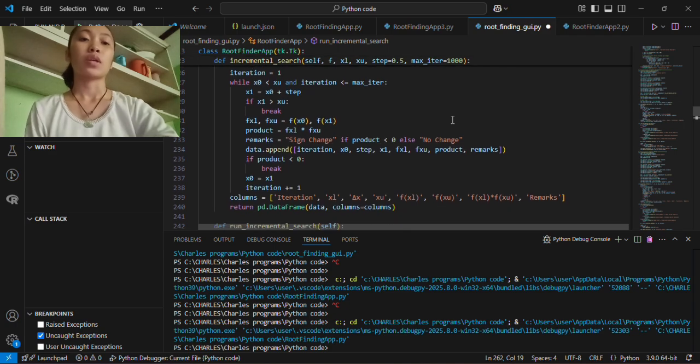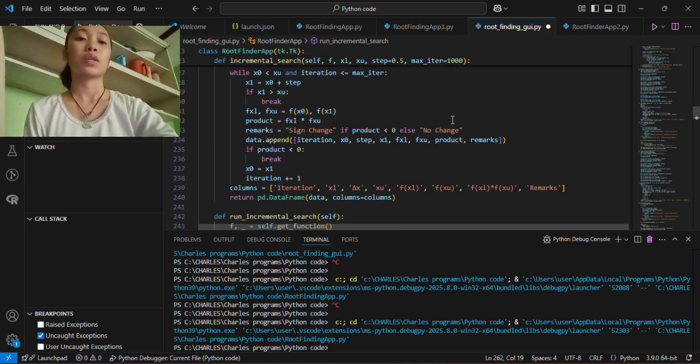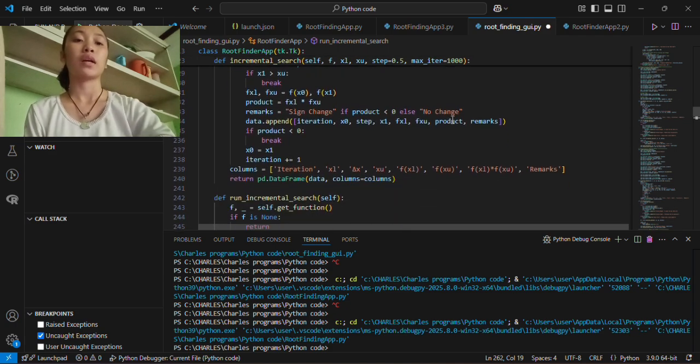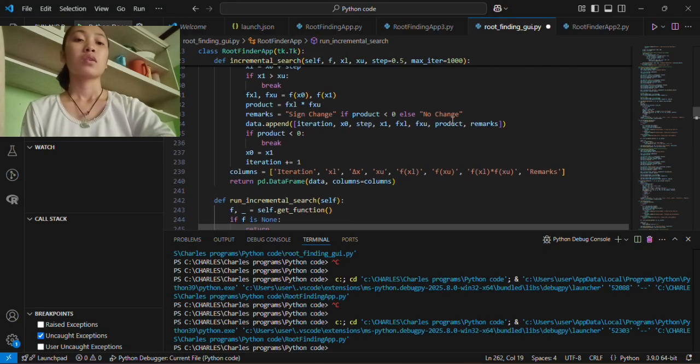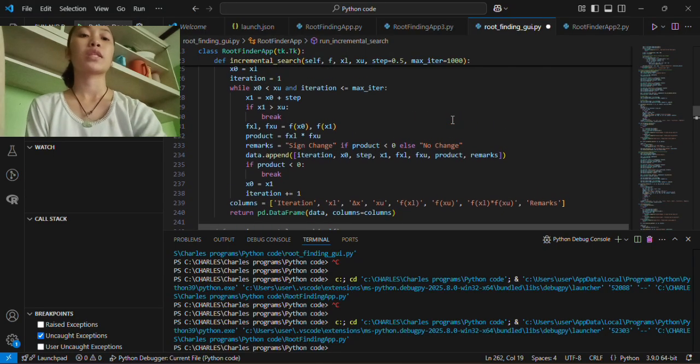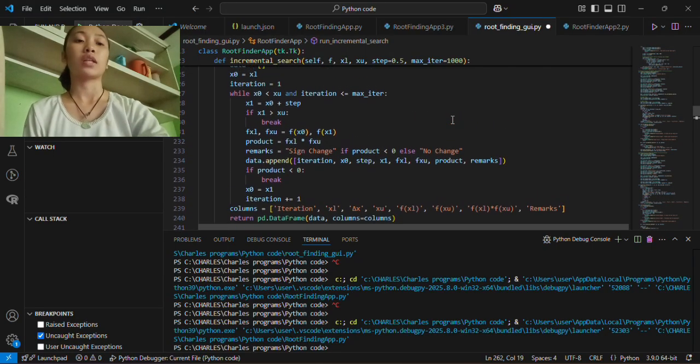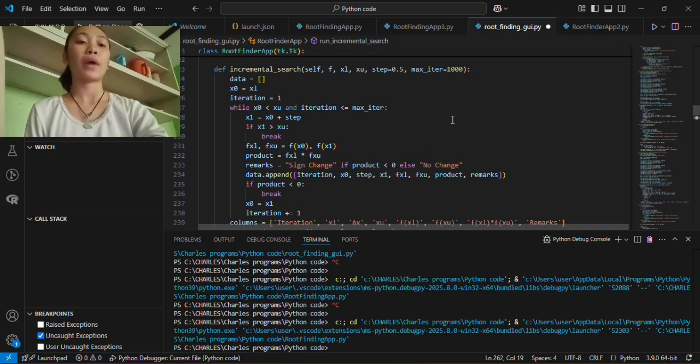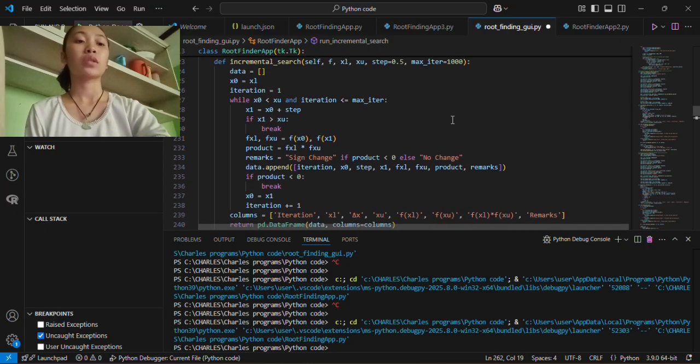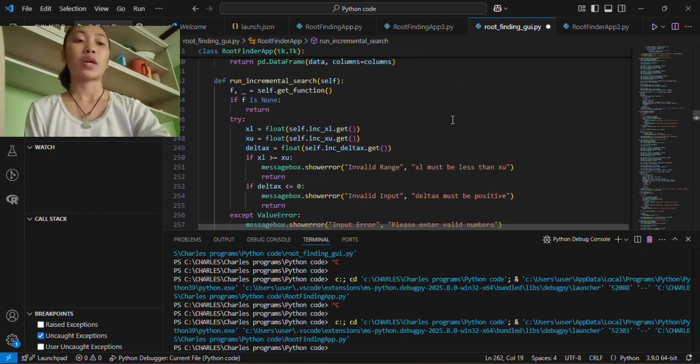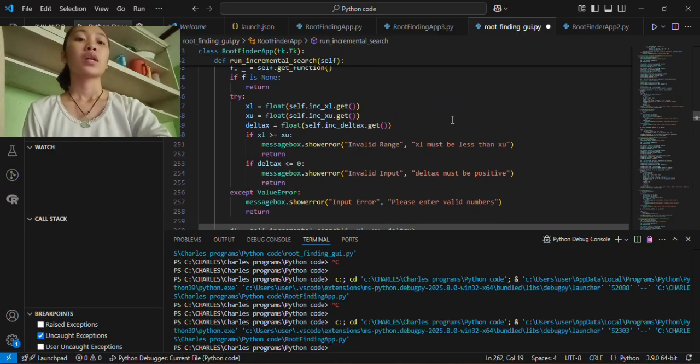The x next equals x current plus delta x. It moves forward by a small step size delta x. If you step past the upper bound, clamp it back to x upper.